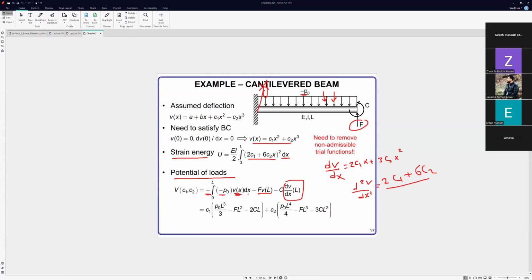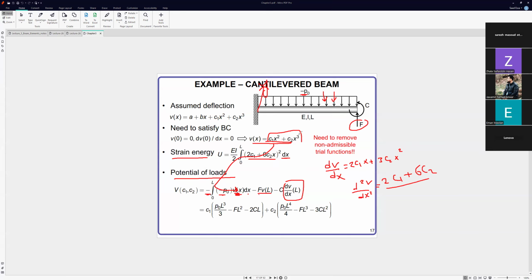So after making the substitution of this Vx, this is also homework, making that substitution here instead of Vx, and making the integration. What's the integration of C1x squared? It will be C1x cubed over 3. And what's the integration, for example, of C2x cubed?